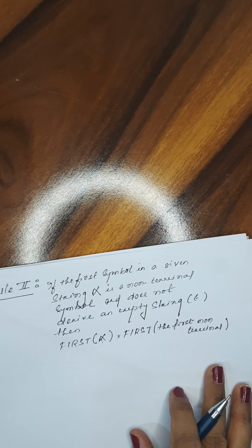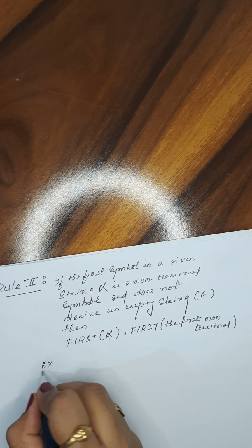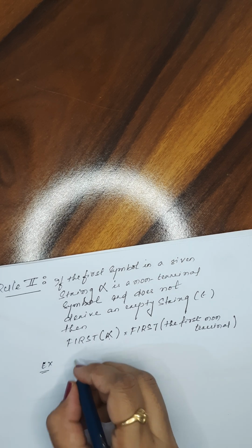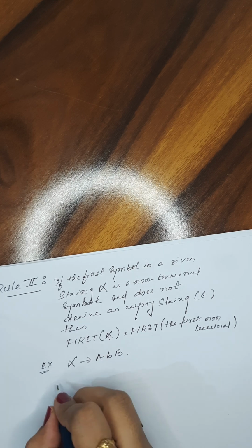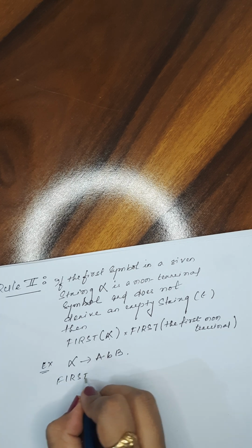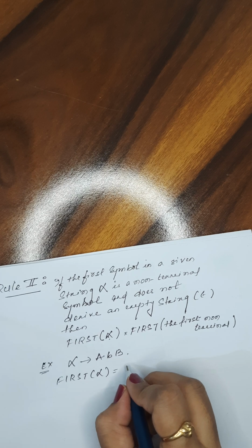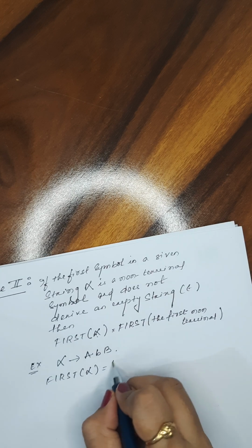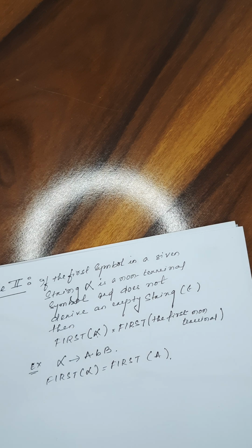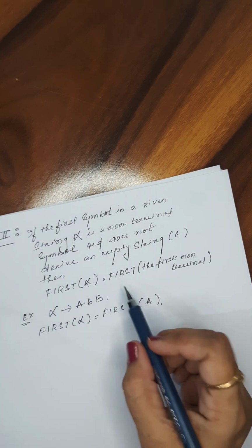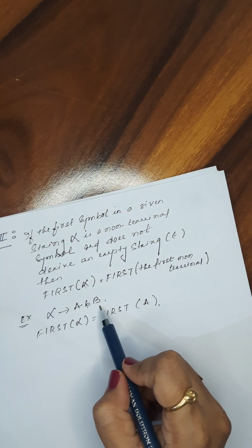Now, if I explain this with an example, a short example, I will explain the complete example after writing the rules. If I write alpha tends to capital A, small b, capital Y, then first of alpha will be first of capital A. We will not look after small b and capital Y.